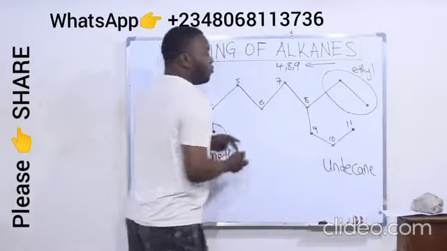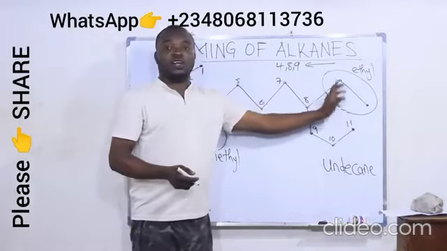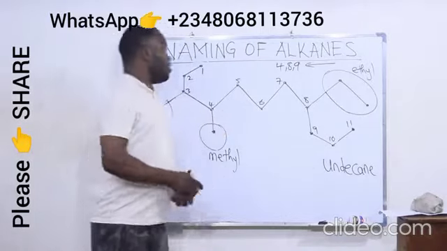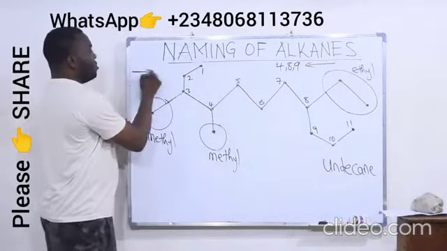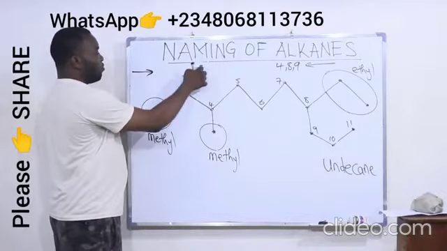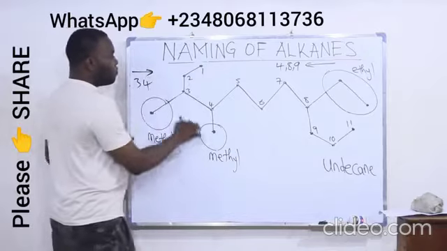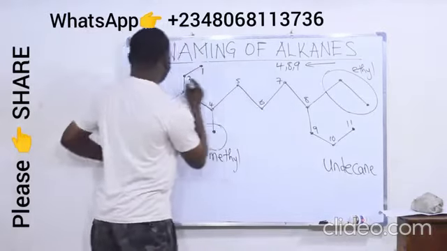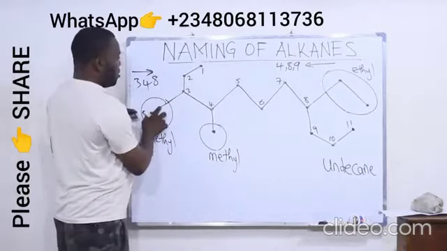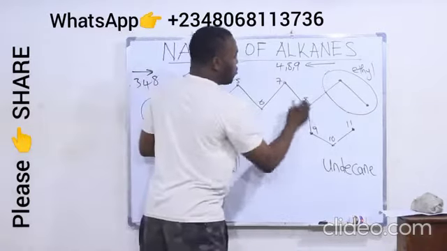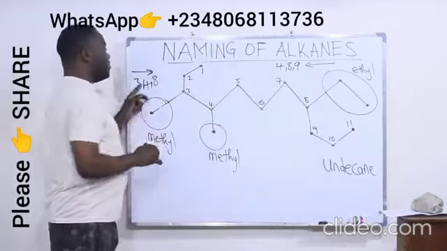Remember, do not number the carbon atoms in the attachment. Number only the carbon atoms in the longest chain. So if I number from this direction, I will have my attachments at positions 3, 4, and 8, which is 348.